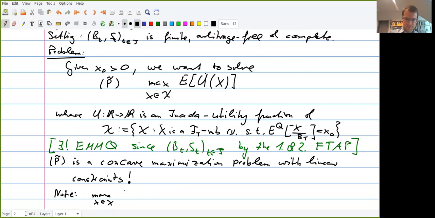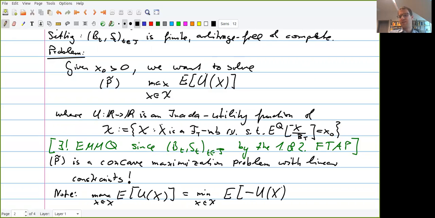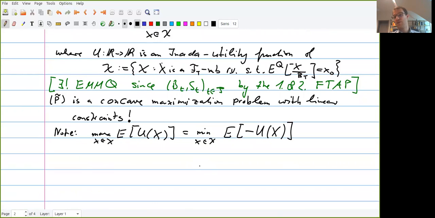So, if we want to maximize the expected utility of X, well, this is the same as saying I minimize over all X in the set, the function minus U applied to X. And now minus a concave function is a convex function.